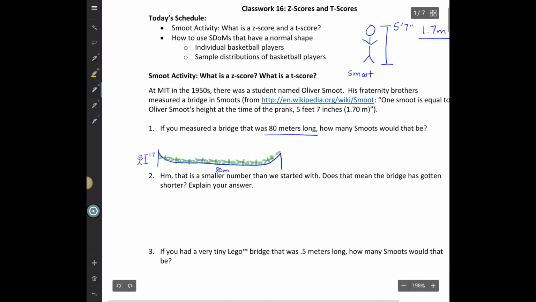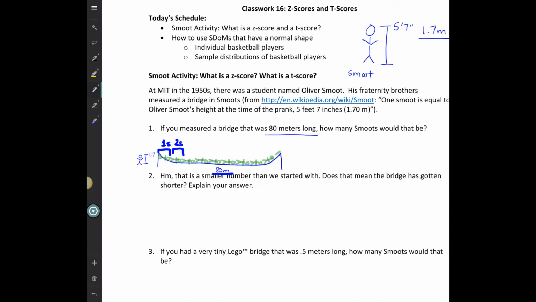So to figure this out, we want to think about how many smoots can be squished into this amount of space, right? So we take this entire length and we say, okay, if I've got this is one smoot, and here's a second smoot, how many smoots will I get in my 80 meters?